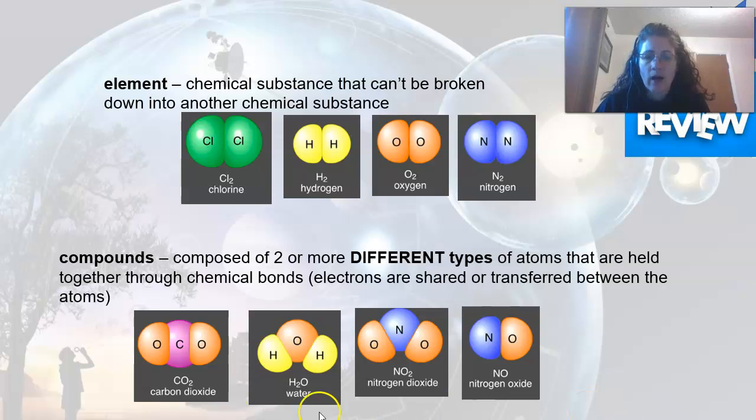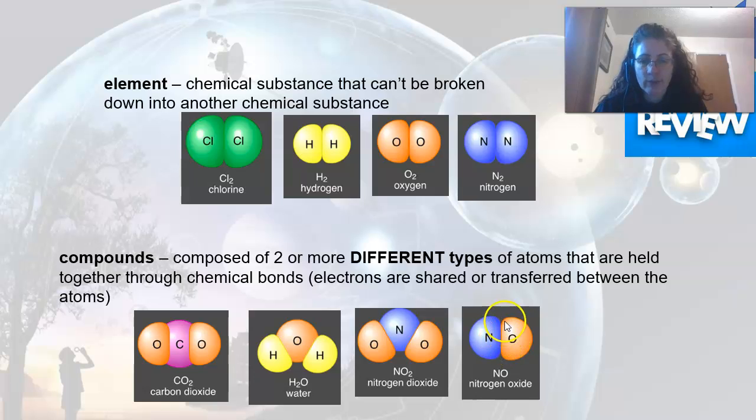Molecules mean that there's more than one atom attached. These are molecules of chlorine, molecules of hydrogen. They're considered elements. Compounds mean that there are two different types of atoms being held together. So when they don't match, they're compounds.